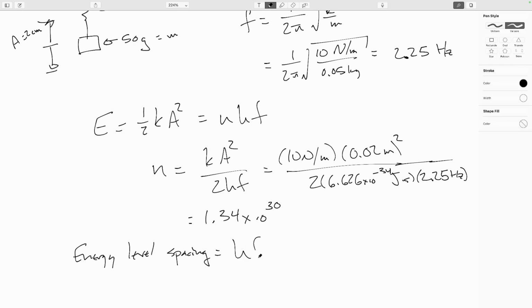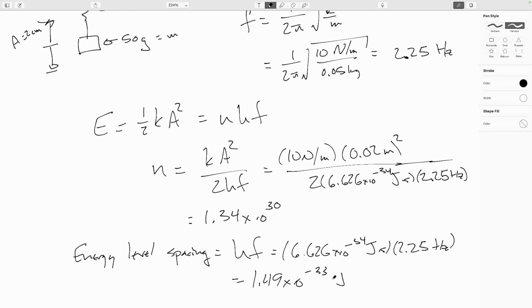Well, that'll be just hf, which is 6.626 times 10 to the negative 34 joule seconds times our 2.25 hertz. It turns out that our energy spacing winds up being 1.49 times 10 to the negative 33 joules.